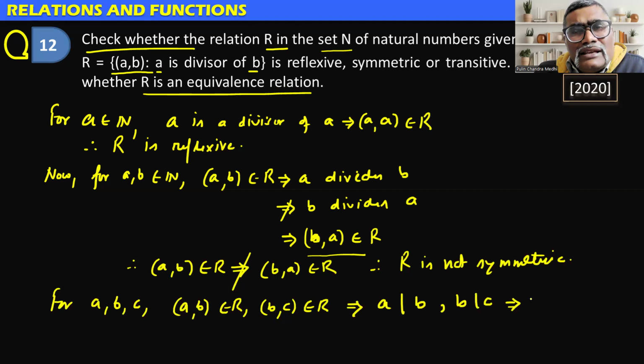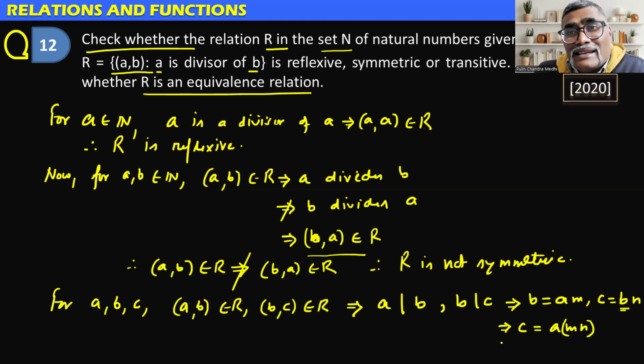A divides B means B is equal to A times some integer. B divides C means C is equal to B times some other integer. So overall, what did you see? C is equal to, this B you can replace. If you replace by A times m, so ultimately it is C equal to A times m n.